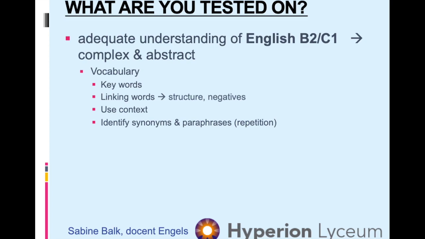It's very useful to use the context to help you understand the clips better. And last but not least, it's very important to be able to identify synonyms and paraphrases. And you also have to keep in mind repetition because that will help you understand the main gist as well. With regard to syntax, you have to be able to understand complex and compound sentences.